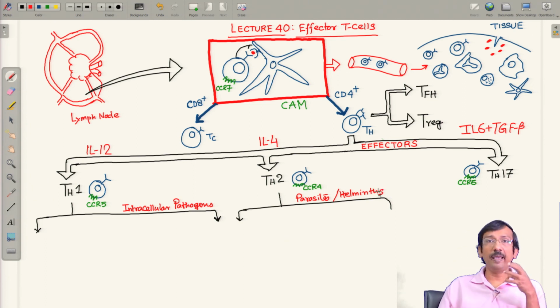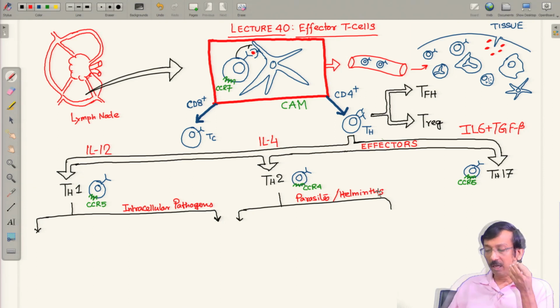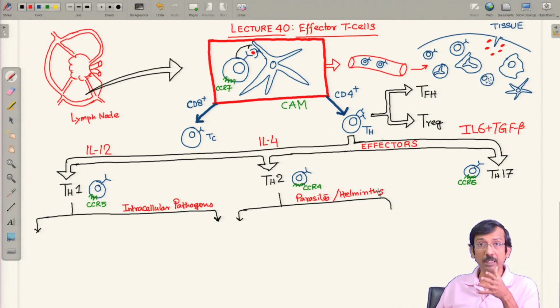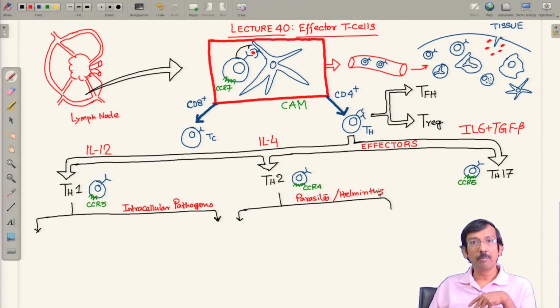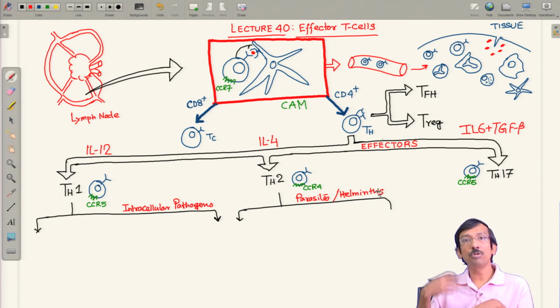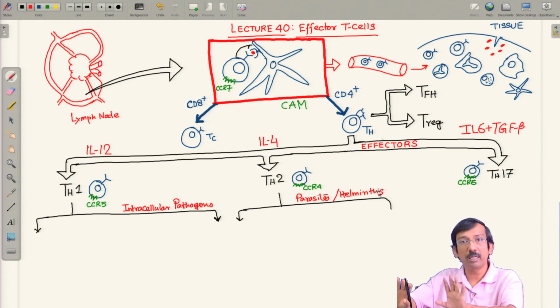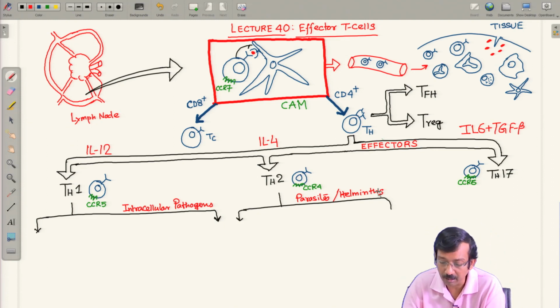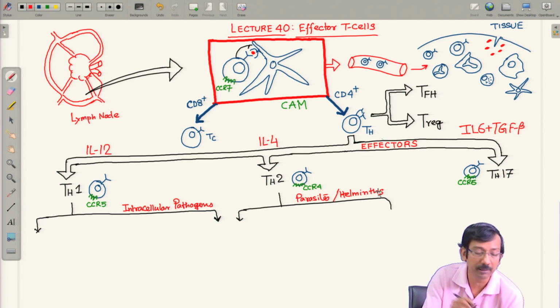They change the mucosal smooth muscle motility, and when there is a parasitic or helminthic infection, particularly in the stomach or the intestine, they try to clear that helminthic or parasitic attack, and how, we will discuss.